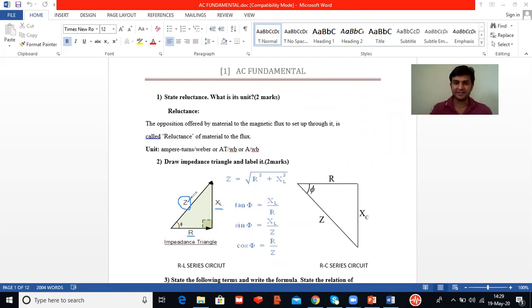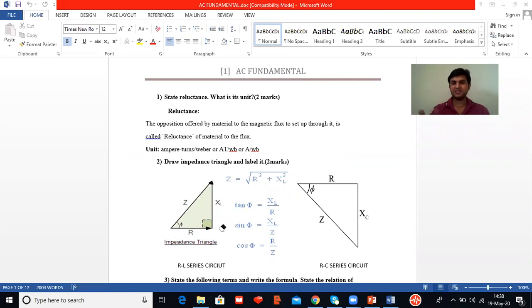A right angle triangle in which base is represented by resistance, height is represented by inductive reactance, and hypotenuse is represented by the impedance is known as the impedance triangle.